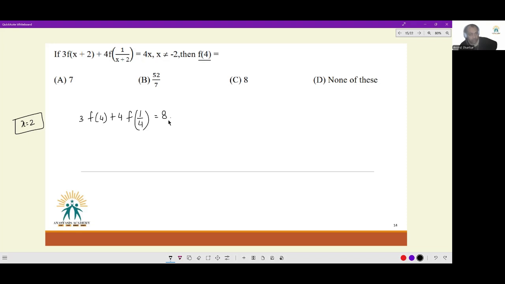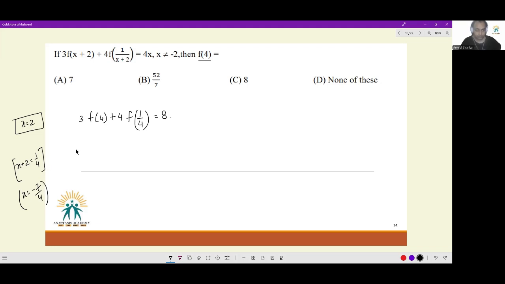Now the challenge becomes, we have a 1 by 4 involved. So x plus 2 has to be equal to 1 by 4. If x plus 2 is equal to 1 by 4, x is equal to minus 7 by 4. X has to be equal to minus 7 by 4.